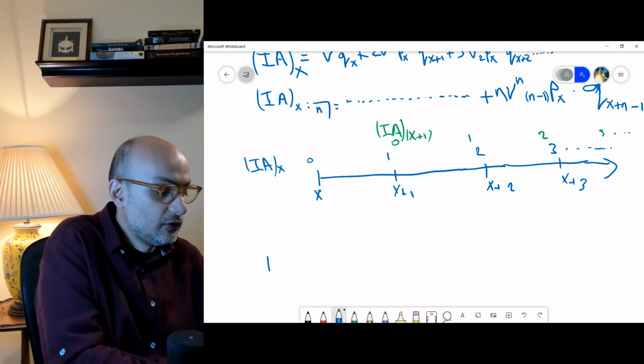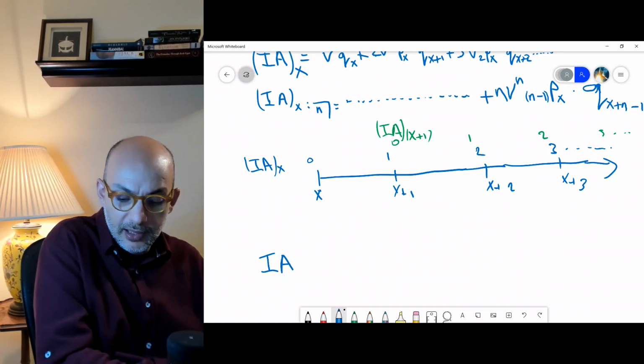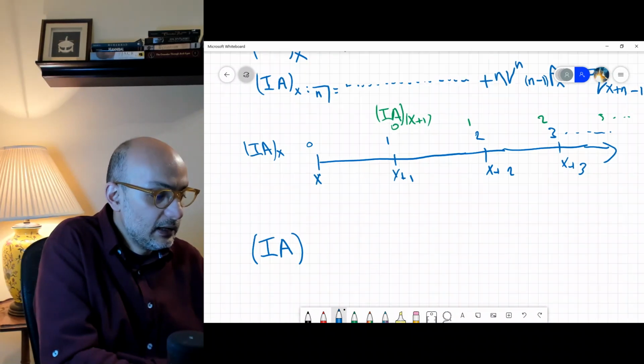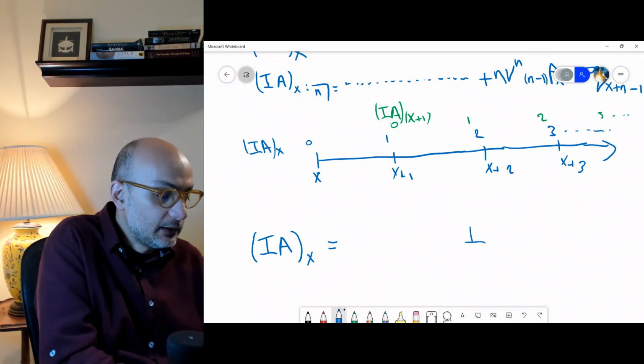It's very important to visualize. There are many variations, so I cannot go over them all, but you can play with different variations of this one. So how about you have IA at x? We need to relate it to this one, IA at x plus 1.